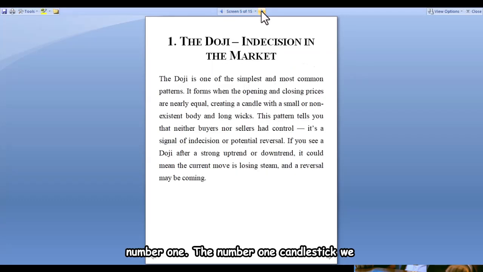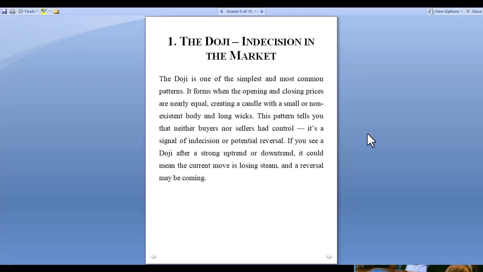Now let's go to number one. The number one candlestick we want to talk about is the doji, indecision in the market. The doji candlestick is one of the simplest and most common patterns. It forms when the opening and closing price are nearly equal, creating a candle with a small or non-existent body and long wicks.